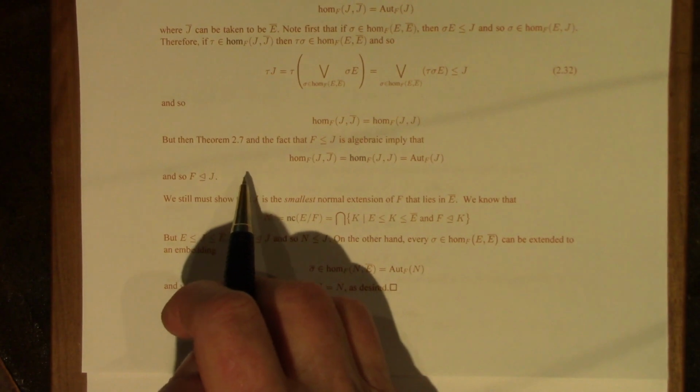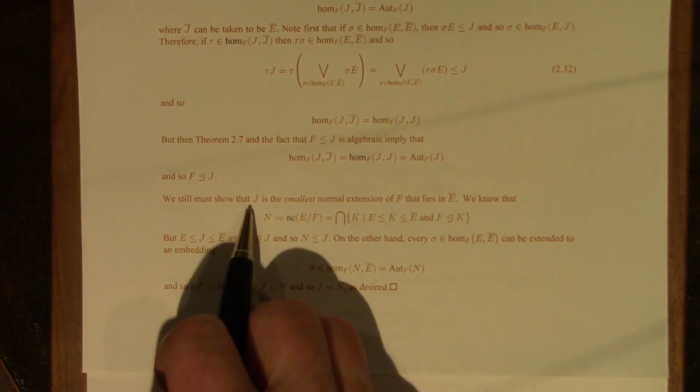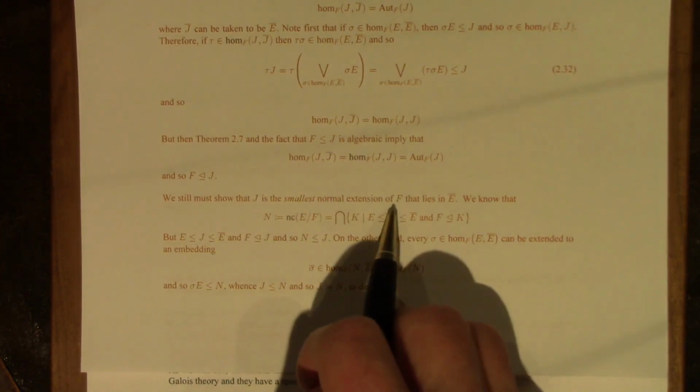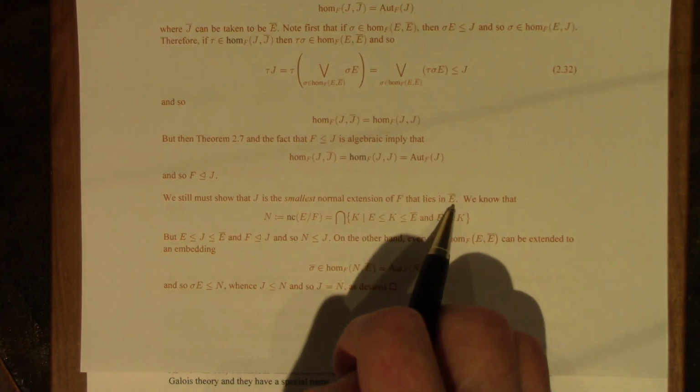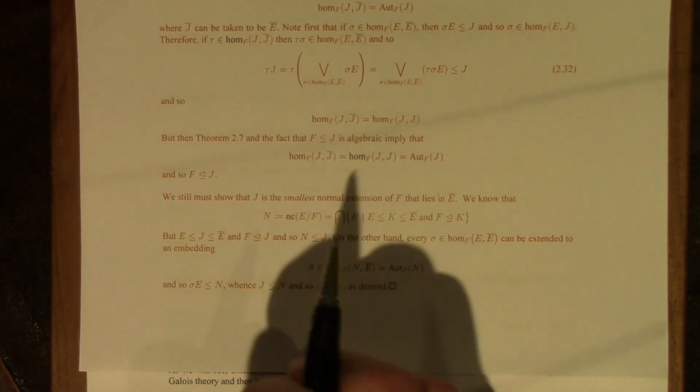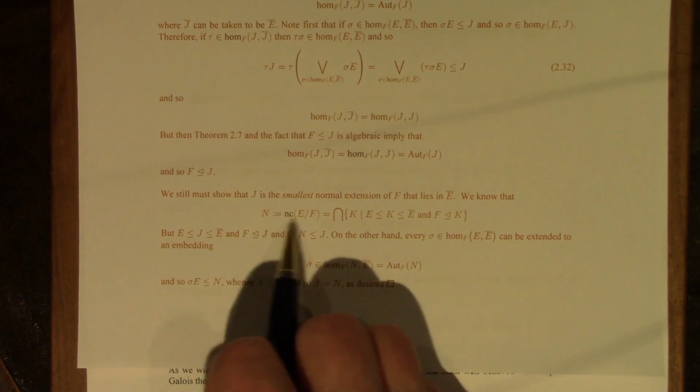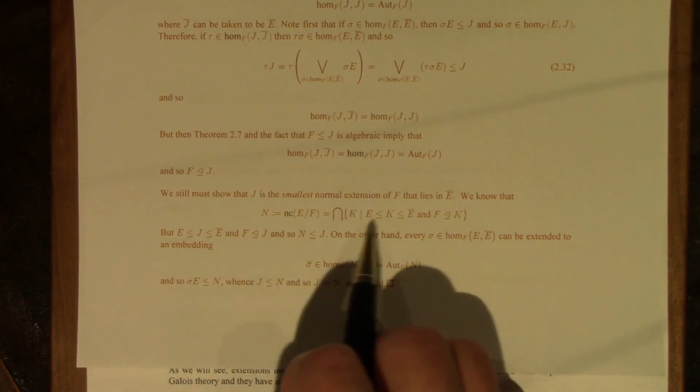Well, we must still show that J is the smallest normal extension of F lying within E bar. We know that the normal closure of EF is this intersection.